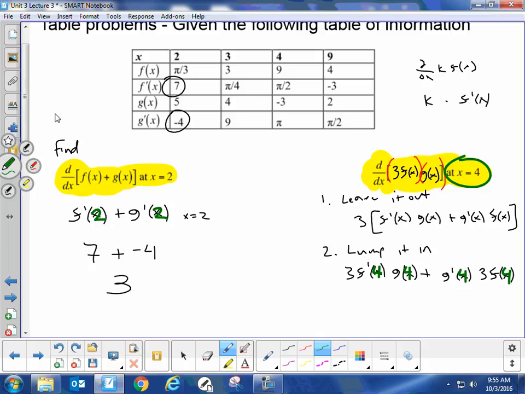So either way, you'll get the right answer. F prime of 4 is pi over 2. G of 4 is -3. G prime of 4 is pi times 3. F of 4 is 9.